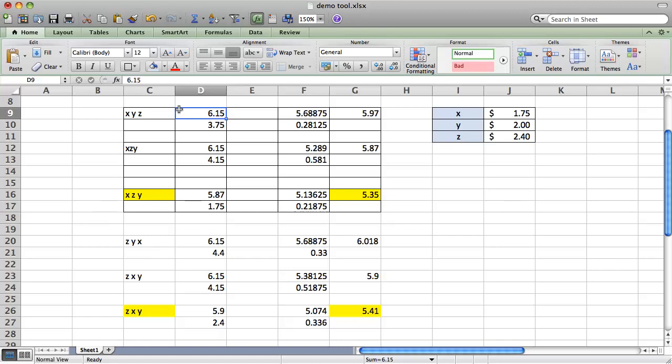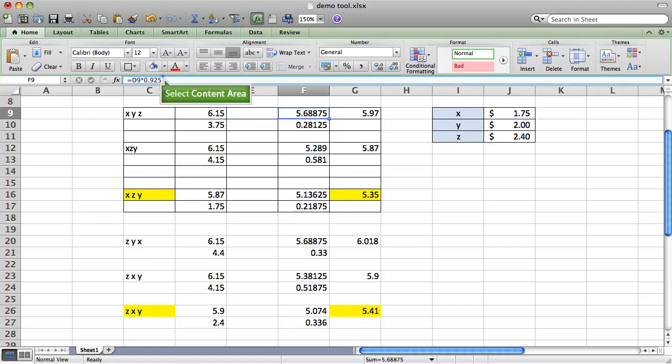So what we're going to do is consider the probability of failure using the sequence X, Y, Z as an example. So we already know that if we go straight through, we are going to incur the cost of $6.15, but we wouldn't pay that on average for a test run because of the probability of failure.